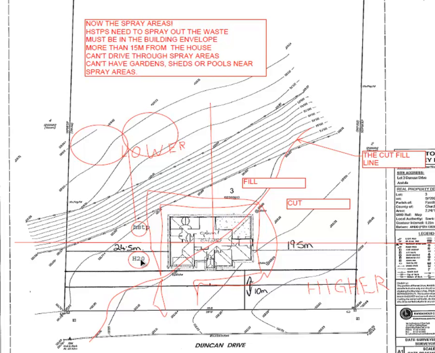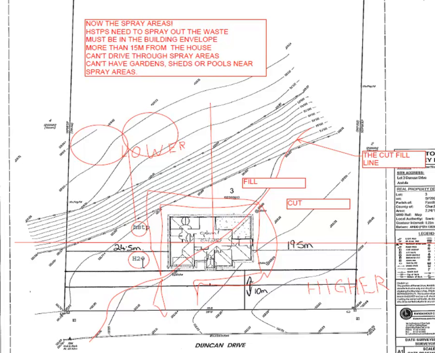Now this water tank here, we've positioned it here where it's closer to the cut and fill line. It's got to be a minimum of 6 meters from the HSTP right there, and a minimum of 5 meters from the house. So those are some limiting factors in relation to positioning of water tanks.